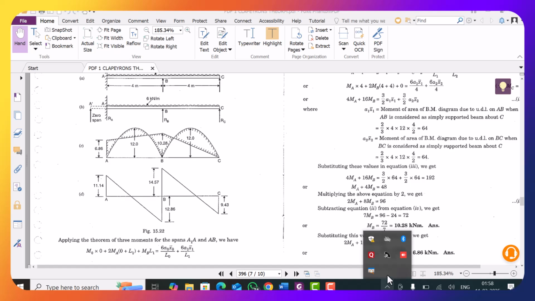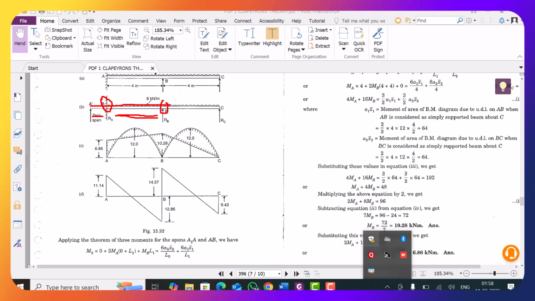Because we are considering A dash AB, it will be MA dash multiplied by 0 plus 2 times MA multiplied by 0 plus 4 meters, plus MB into 4 meters, that is equal to 6 times A0 x0 bar upon L0.